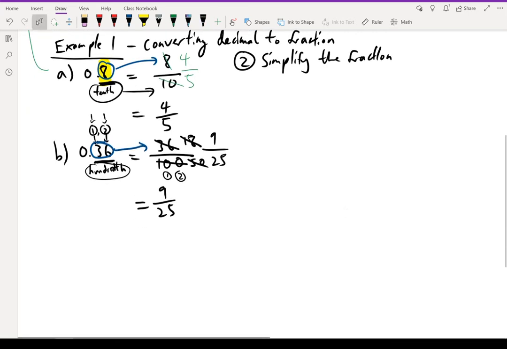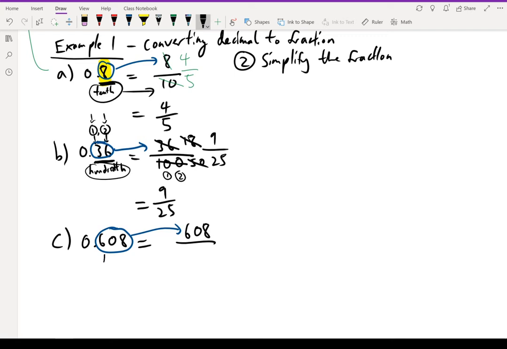Now let's do a third example. Let's convert 0.608 to a fraction, and we still do the same thing. The number after the decimal, 608, will be directly copied to the top. So I'm going to write 608 at the top.